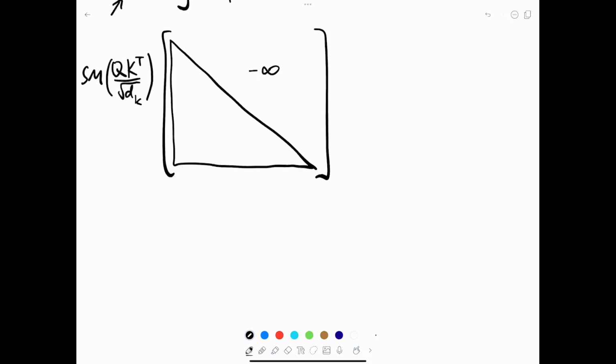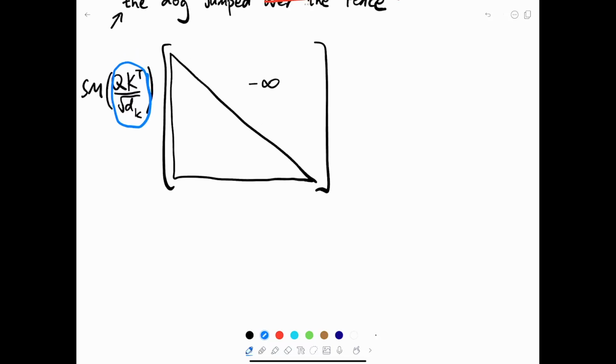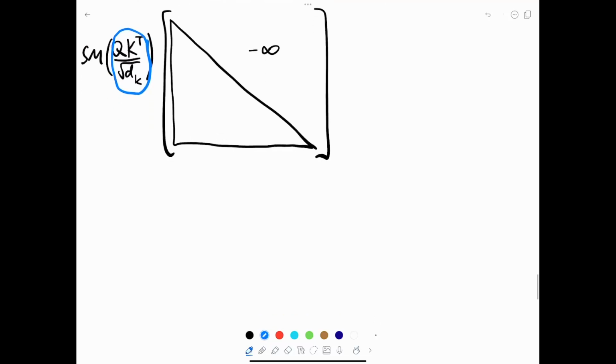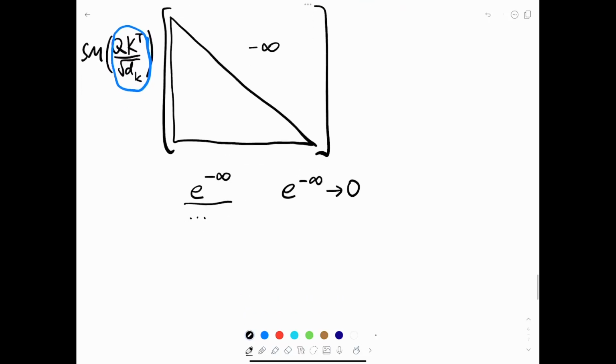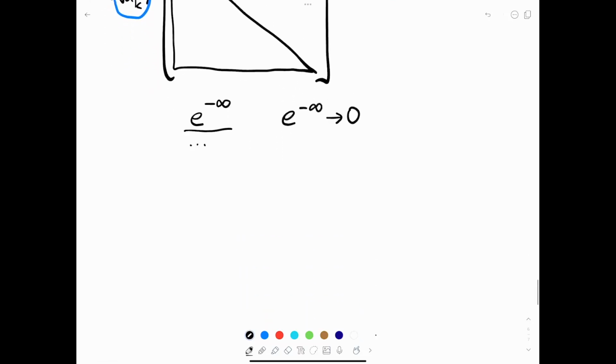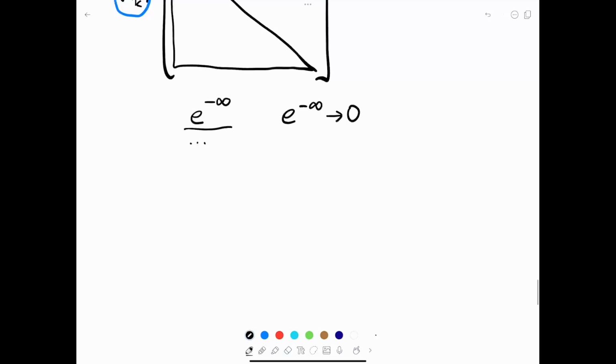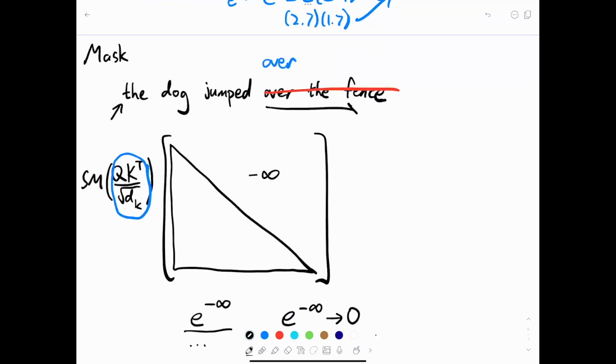So you'll first compute this value in the matrix, and then you'll set every value above the diagonal to negative infinity, because when you take the softmax, you'll get e to the power of negative infinity over all the other elements, and e to the power of negative infinity is essentially 0, right? Okay, so that's masking. The idea is to prevent the model from cheating by using context to the right of the current token.